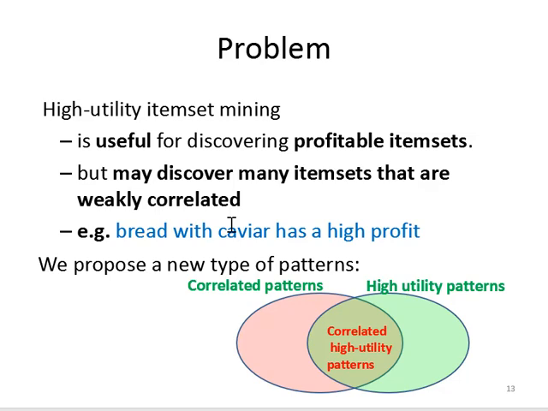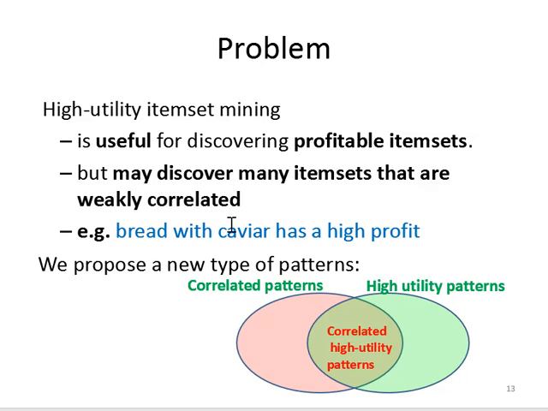Most of the time people buy the bread, they don't buy the caviar. But sometimes they are together and make a lot of money. So actually we can find this pattern as a high utility item set. But there's no correlation, no relationship between these items.